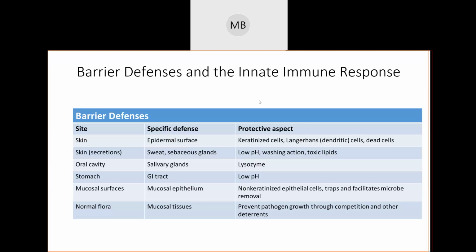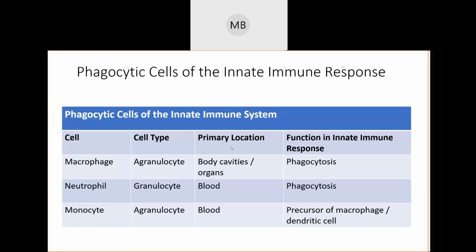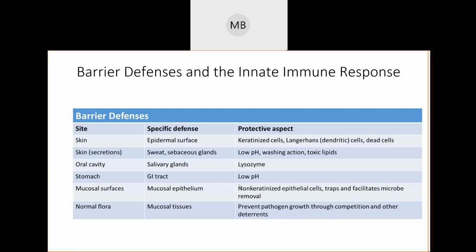Barrier defenses are your first line of defense from your innate immune system. And you have a few different barriers in your body that act on this, right? Surface barriers are like skin, right? Stuff can't get through your skin. You have good things in your skin that protect you.